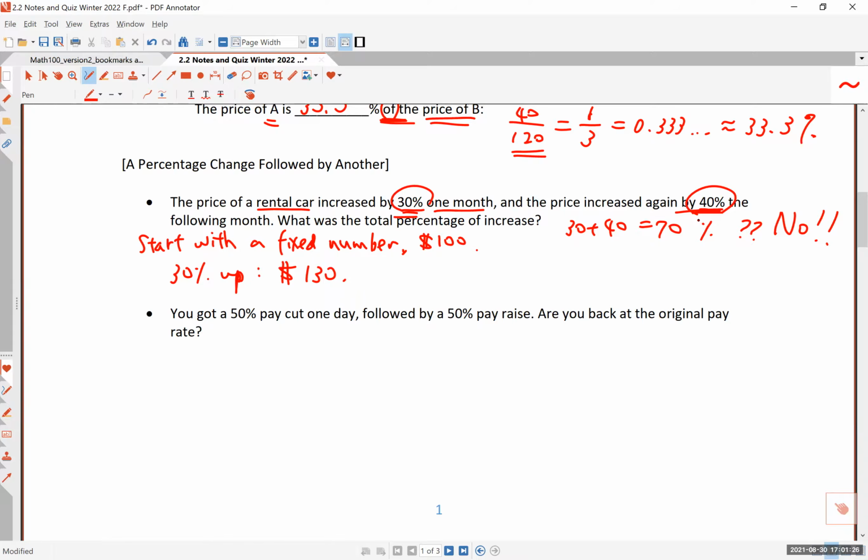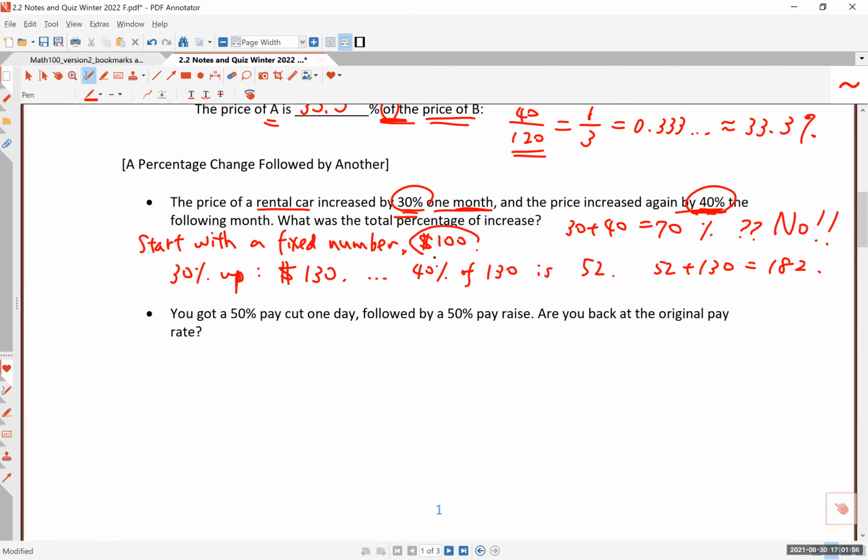But then the price increases again by 40%. Notice here, we now have to calculate 40% of 130, and that is 52. It's 0.4 times 130. So then we add 52 to 130, and that's 182. So in the first month it increased by 30%, and in the next month by 40%.